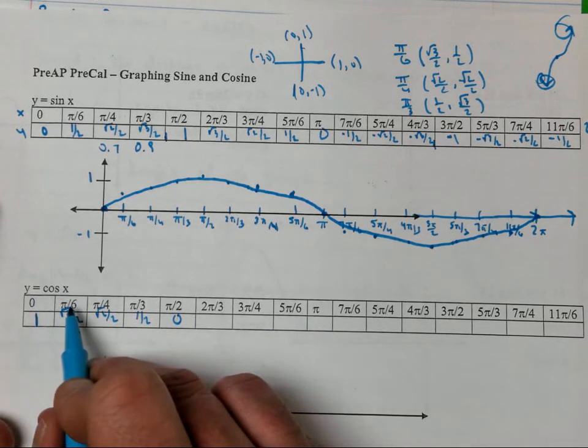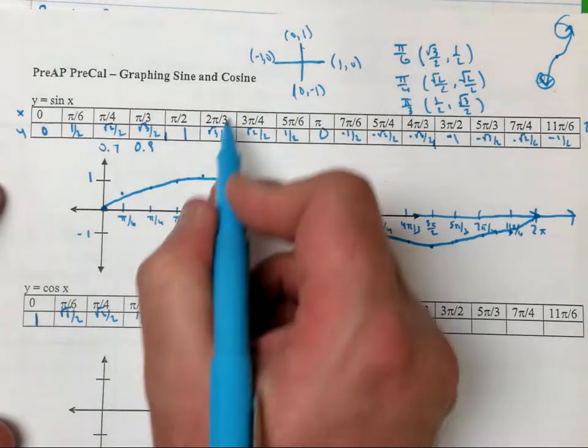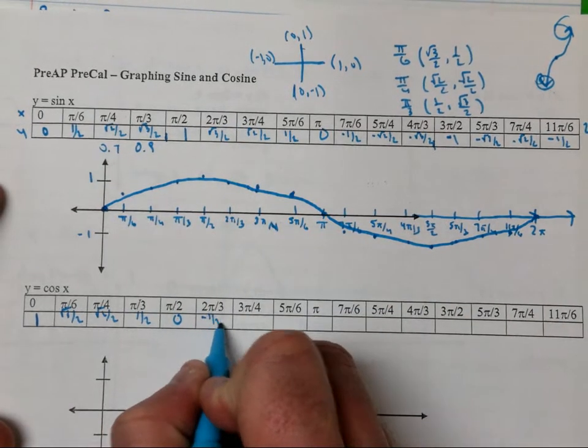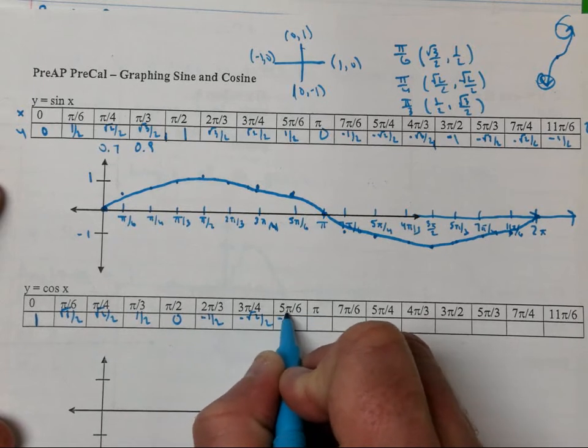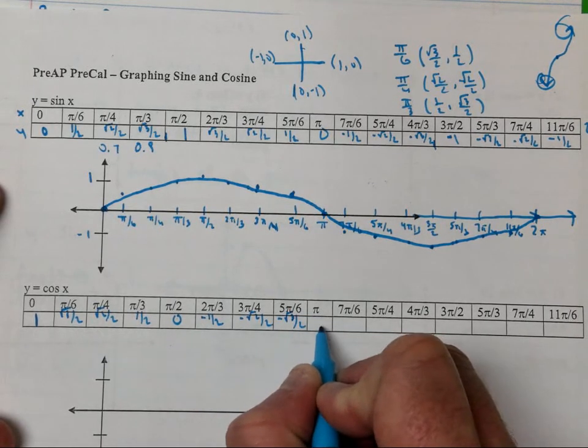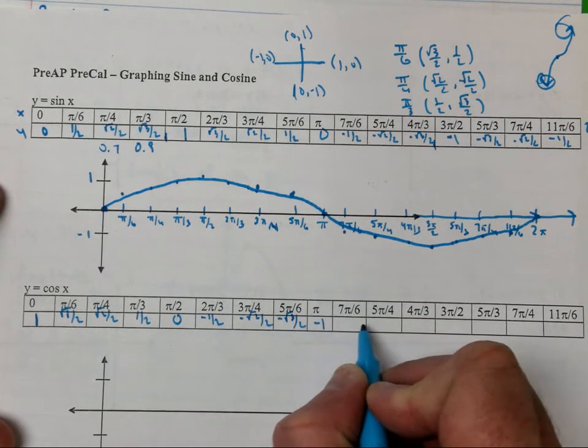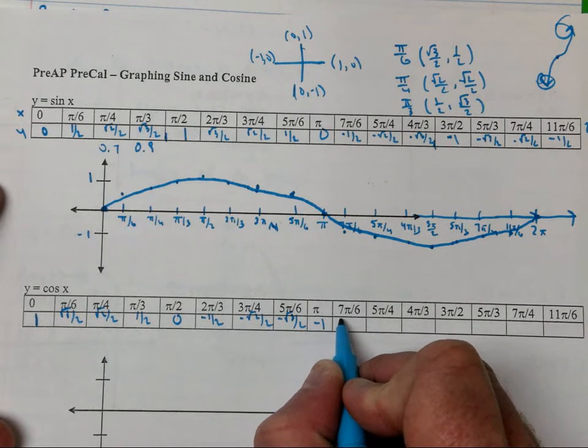Okay, cosine is your x value, so I'm going to quadrant 2, your x is negative. Negative 1/2, negative square root of 2 over 2, negative square root of 3 over 2, pi is at negative 1. Remember, quadrant 3, your x is negative.